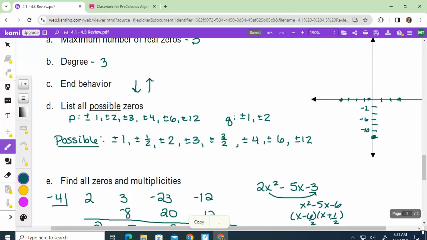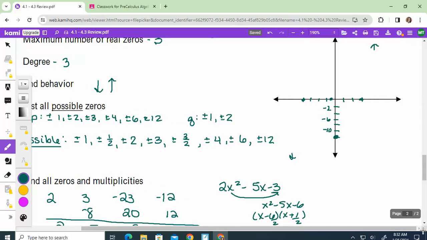We know the end behavior was down up. So it should start down here. We said it went through all the zeros. So pick that one, go through. Come back and hit the next one. We have to go all the way down here to hit our y-axis. All the way up to hit there. So there's our graph.